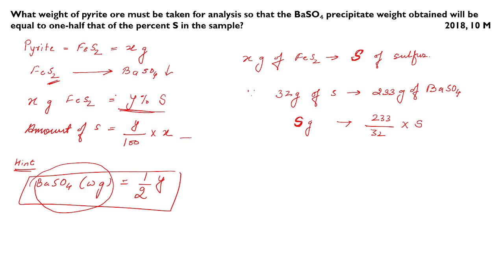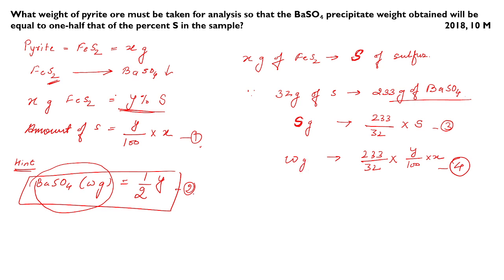Let's say this is equation 1, this is equation 2, and this is equation 3. From equation 1 we can replace this S by Y divided by 100 into X, so this is our equation 4, which is for the amount of BaSO₄, W gram.